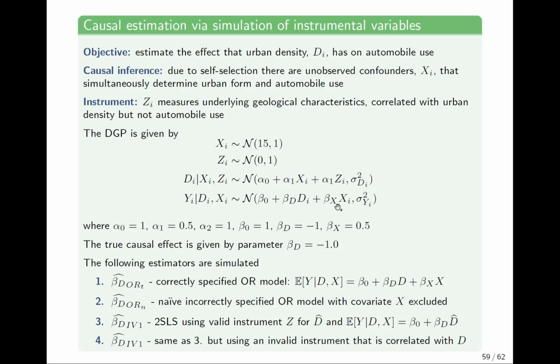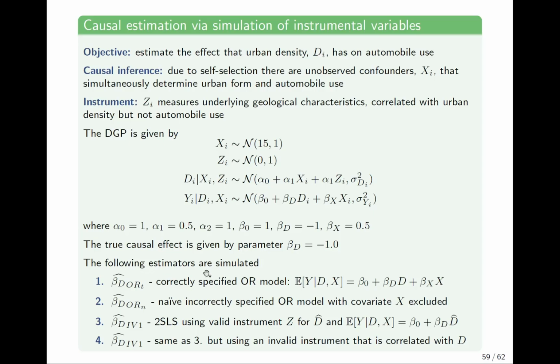The instrument does not appear in this model, which is good because that satisfies the exclusion restriction. These are the parameters that we've set in the model, and the true causal effect that we're interested in, beta D, this parameter here, is equal to -1. That's the value we've set. So increasing urban density tends to reduce car use, and that's of course what we would expect.